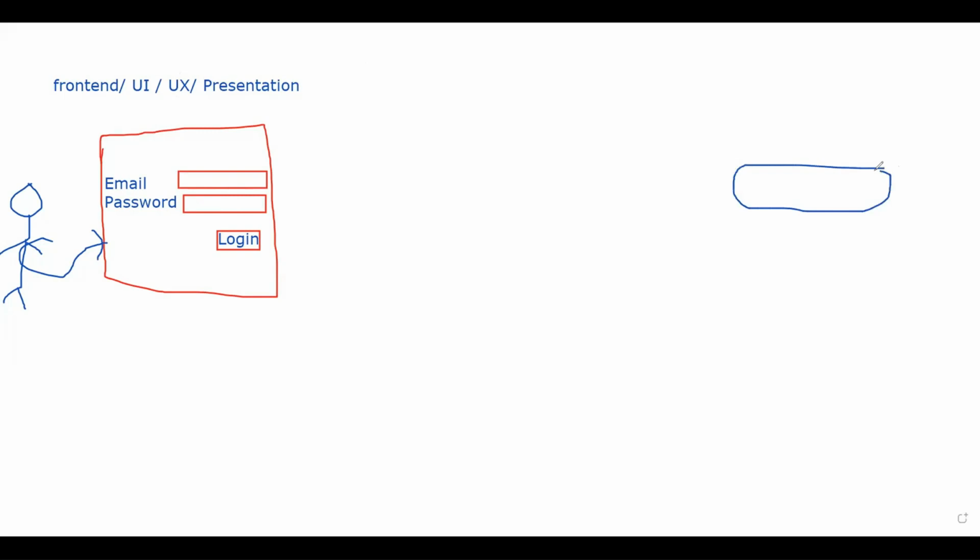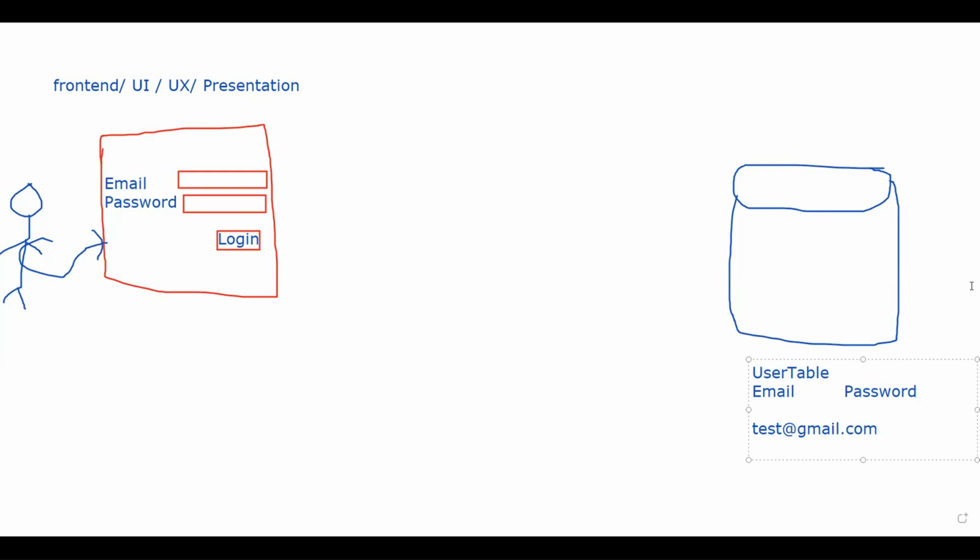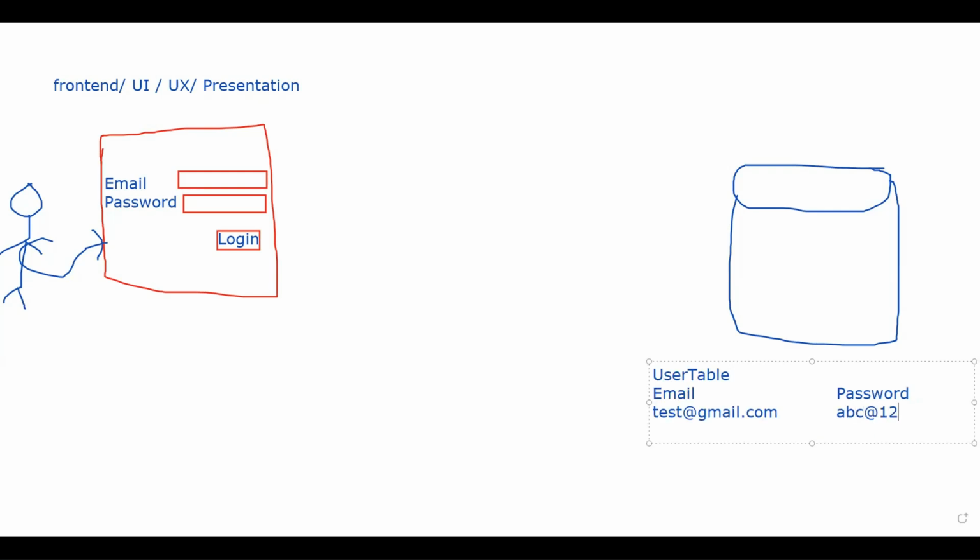we will have a backend, nothing but a database. So in this backend, how is data stored? There is a user table. The columns are email and password. For example, test at gmail.com, abc at 123, ram at yahoo.com, ram at 96.